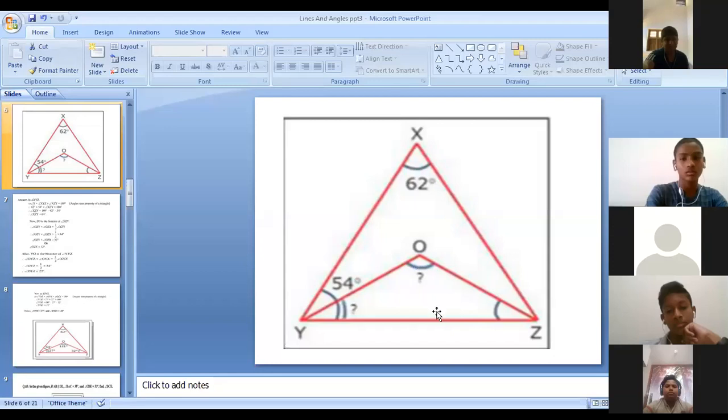Runal, can you name the triangle? Ma'am, YOZ. Yes, YOZ. In this YOZ, we know the value of angle OYZ as 27 degrees and OZY as 32 degrees. So using the angle sum property, we can find one value, that is angle at O. Let us go to the solution.